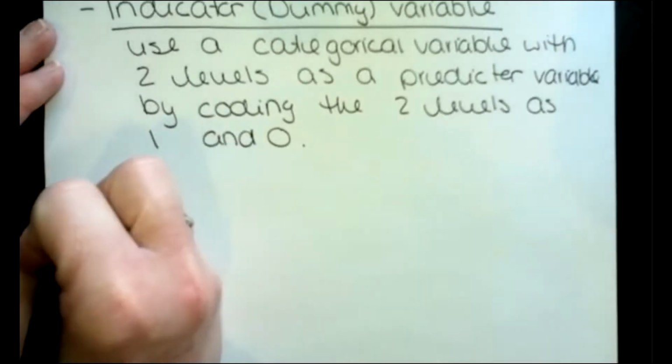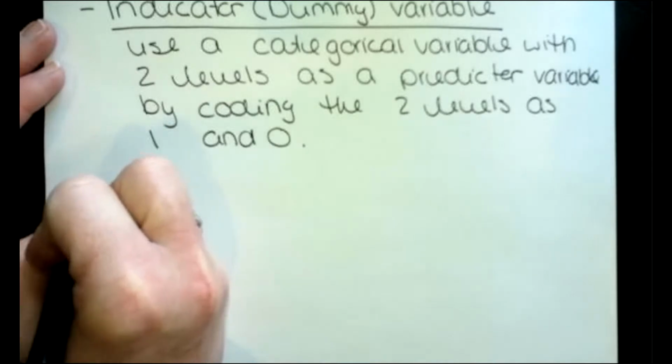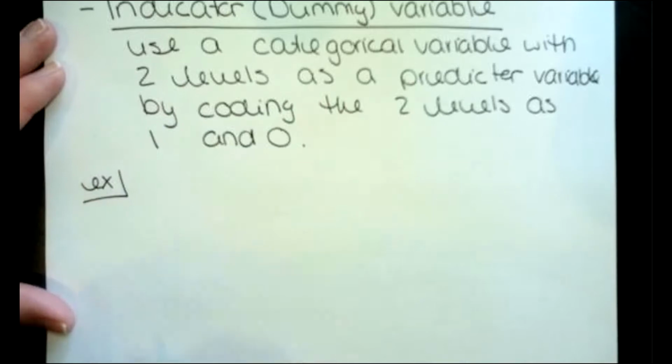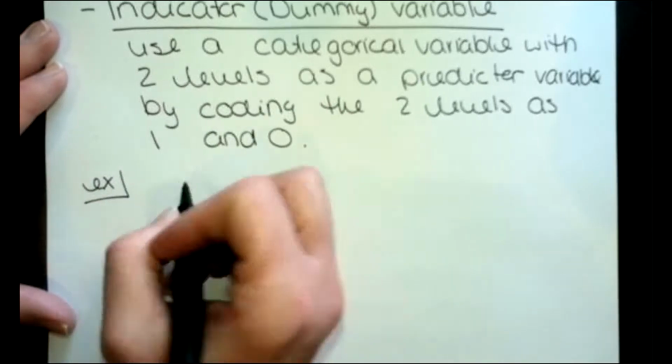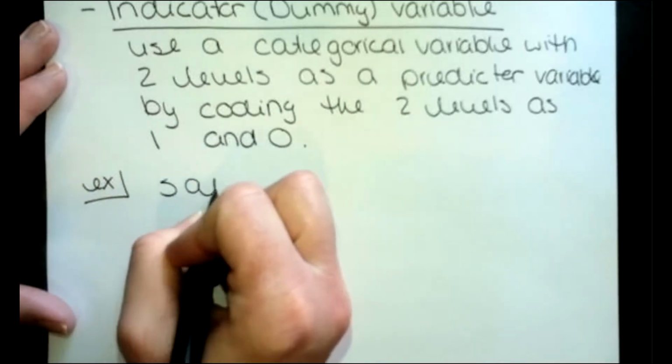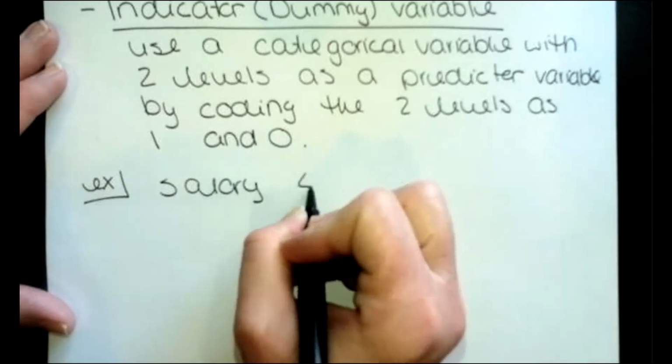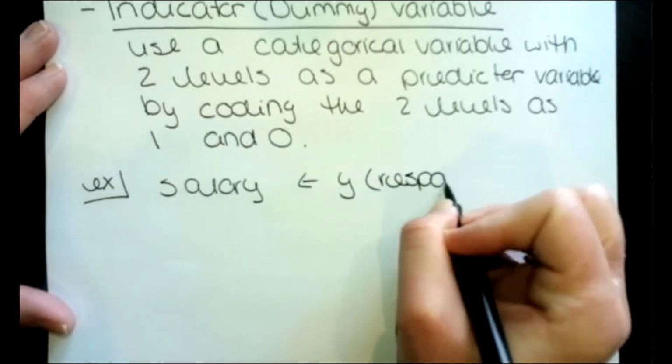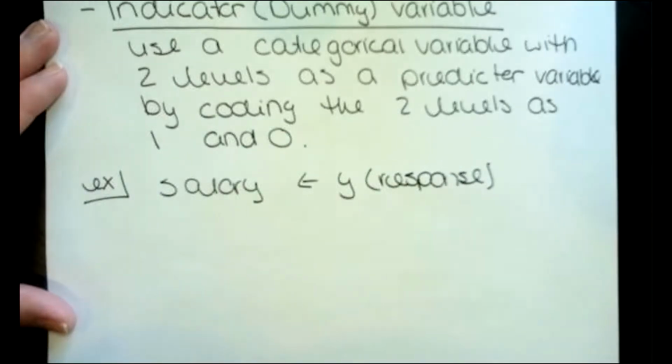So let's just talk about a little verbal example. I'm not going to show you anything in Minitab just yet. Maybe we want to study salary as my Y, my response variable.